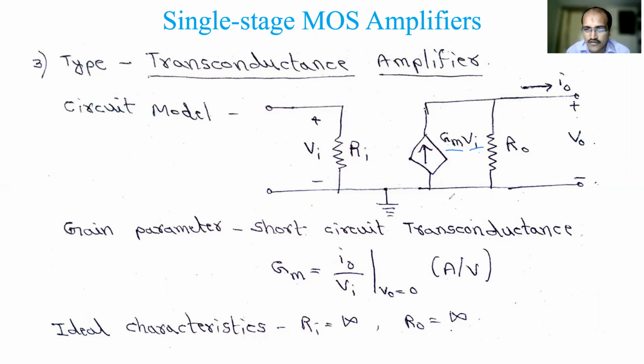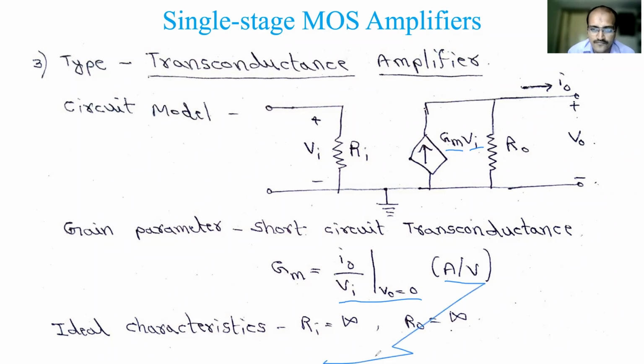Because we have copied this from the current amplifier, where V0 is equal to 0. So its ratio is I0 by Vi, output current by input voltage when output voltage is 0, meaning output is short circuited. So it is amps per volt, trans conductance, or we also say Siemens. Okay, so this is about the third type of unilateral amplifier, trans conductance.